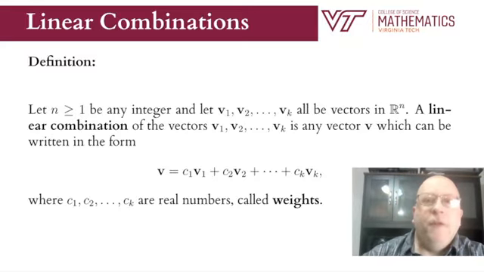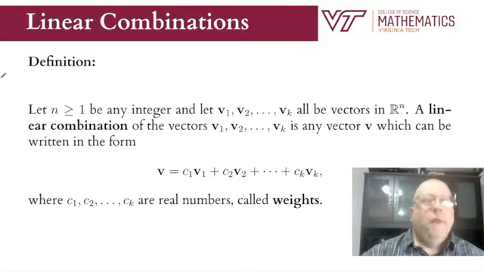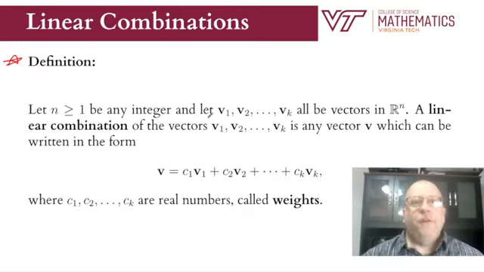This definition is going to be very important for the rest of this chapter. So I want to emphasize this topic. A linear combination of a set of vectors. So I have a group of vectors here.